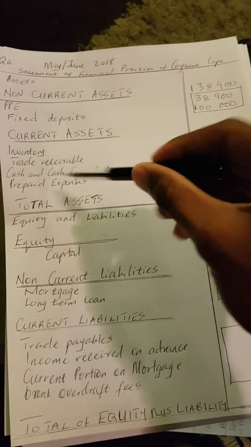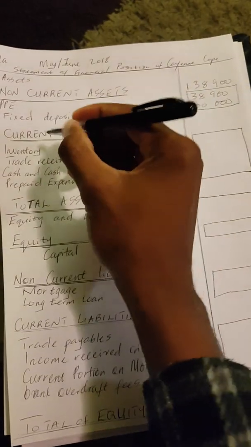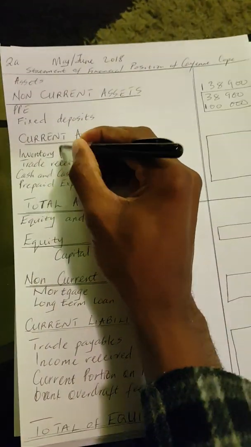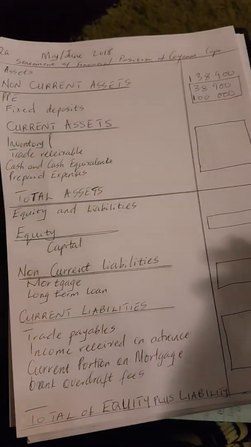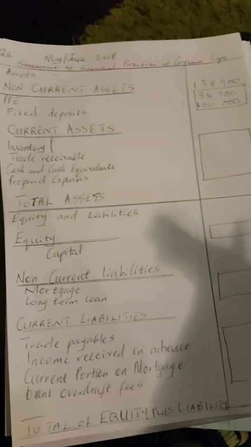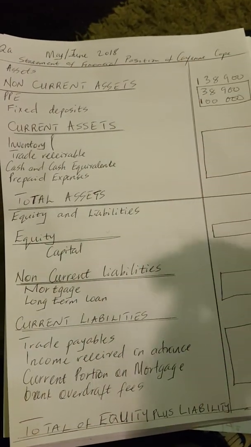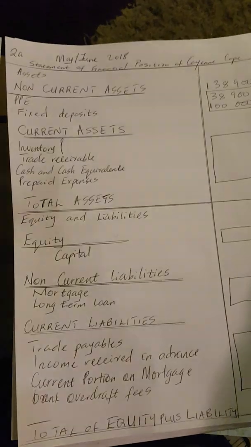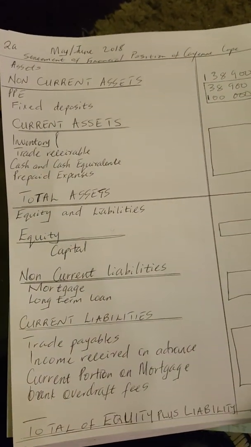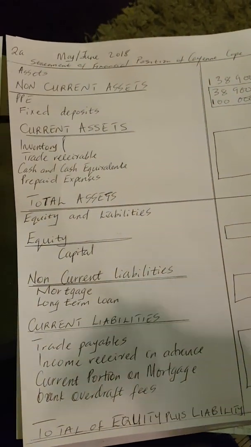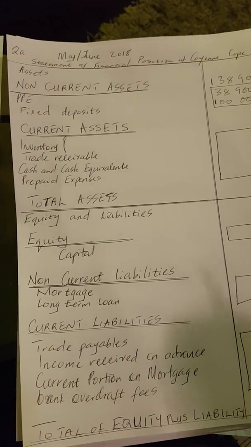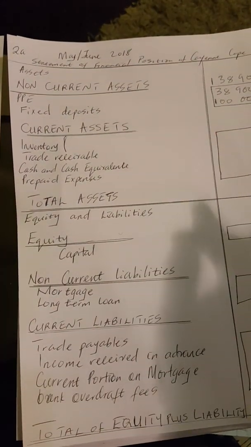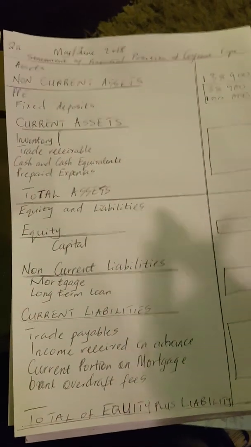The current assets will start with the inventory. Now you'll be given two kinds of inventory. One part is the inventory at the beginning of the year, and the other part is the inventory at the end of the financial year. When you're doing the statement of financial position, we basically use the inventory at the end of the year.